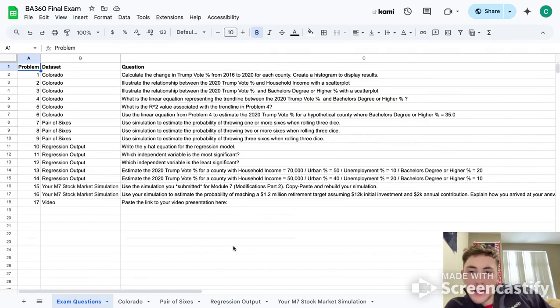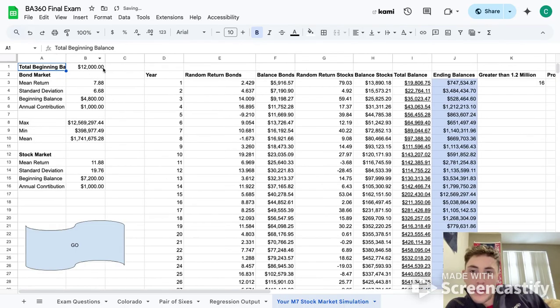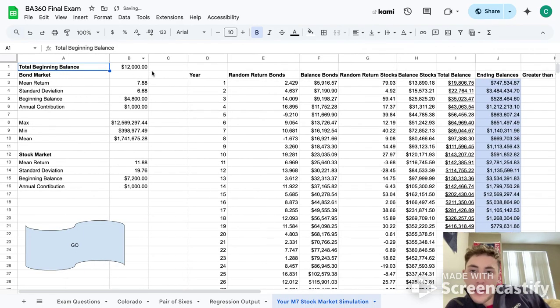And then for 15, I took my previous, I kind of redid a little bit of it, but this is what I had done the first time for my stock market simulation. I put the total beginning balance up here, and then I split it.